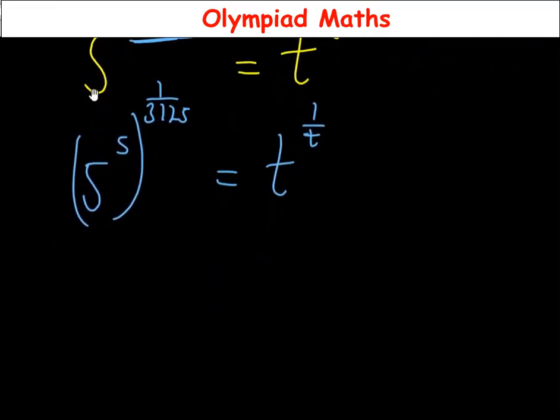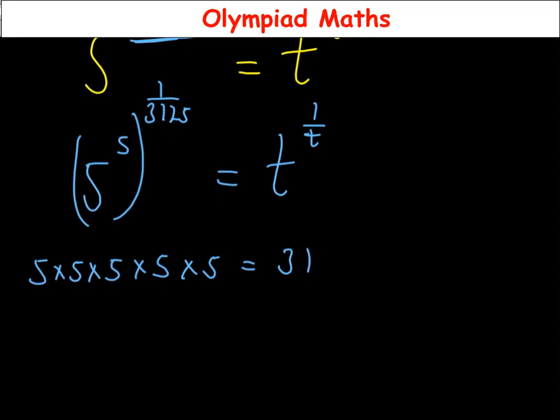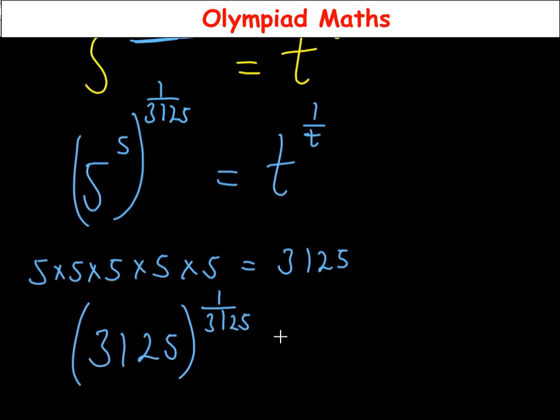So with this, 5 raised to power 5 is 5 times 5 times 5 times 5 times 5, 1, 2, 3, 4, 5, and this equals 3125. Okay, so in place of 5 power of 5, you can bring in 3125. So in brackets 3125 all raised to power 1 over 3125 is equal to t raised to power 1 over t.